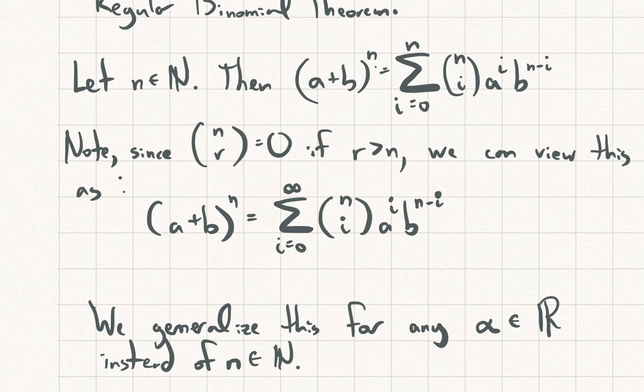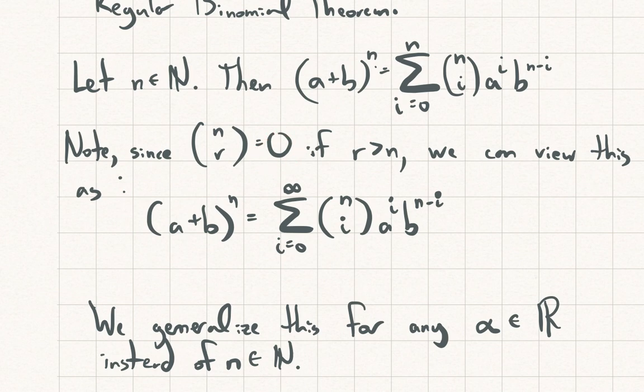Note that if we have a binomial coefficient where we're choosing more things than we have, so if r is bigger than n, well, there's no ways of doing that. So whenever the bottom bit in your binomial coefficient is bigger than the top, then that's just 0.